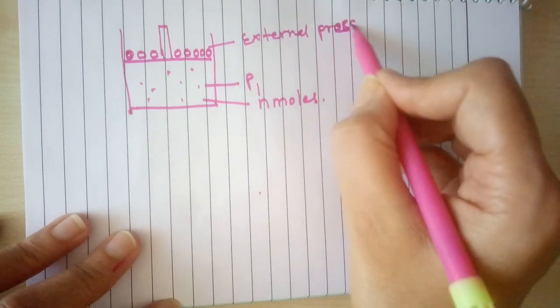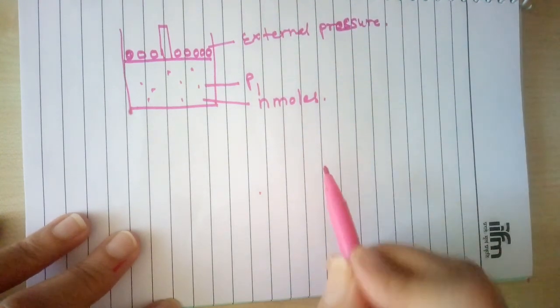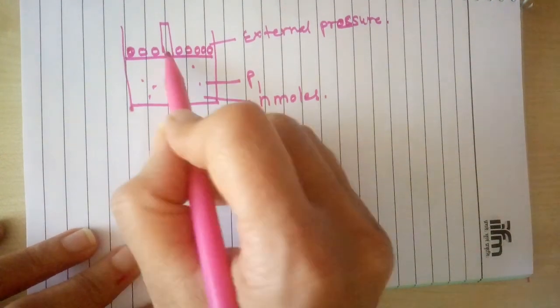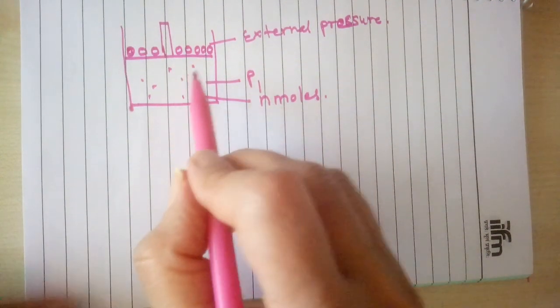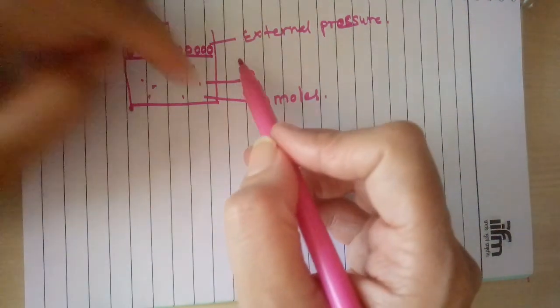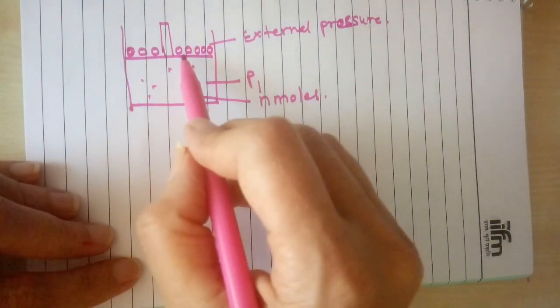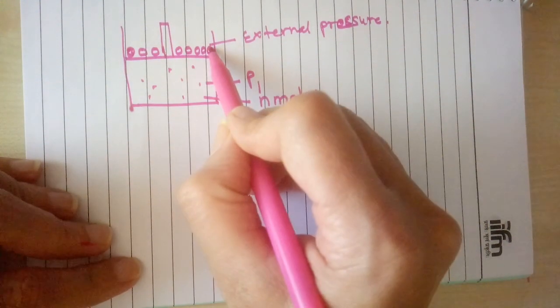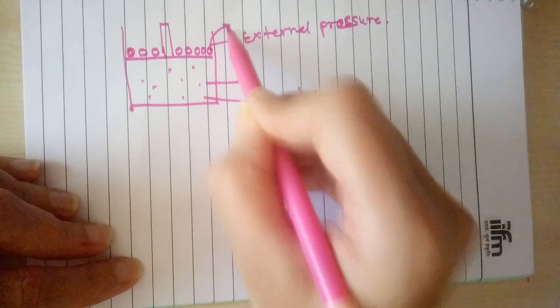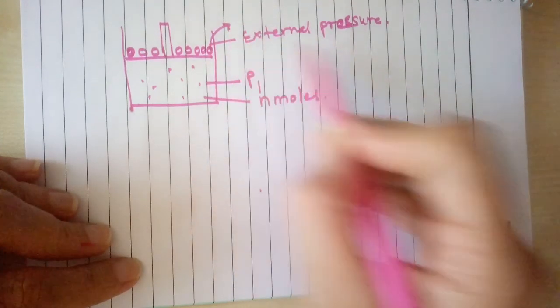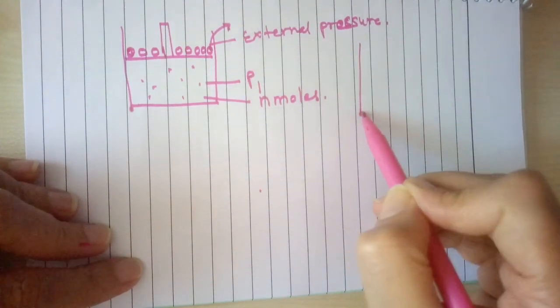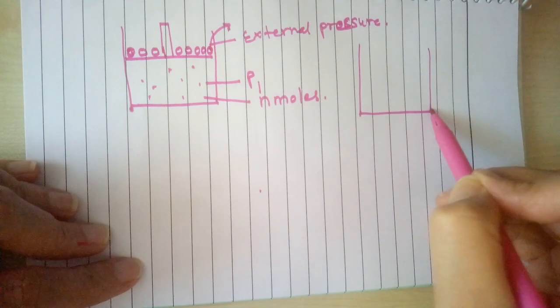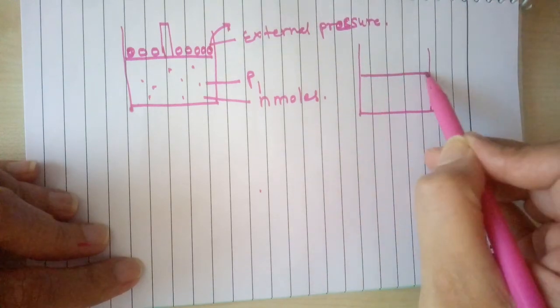In the irreversible process you removed the whole of the weights. Instead, if you remove only one weight from here, what can be the situation?